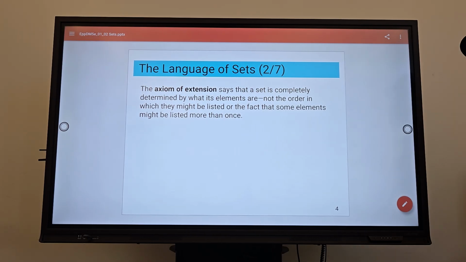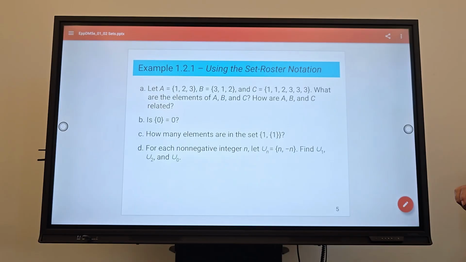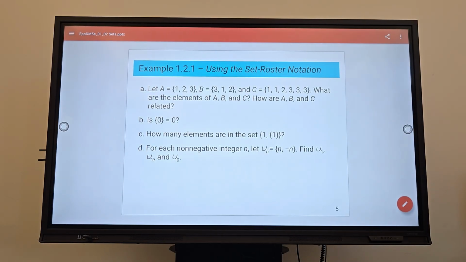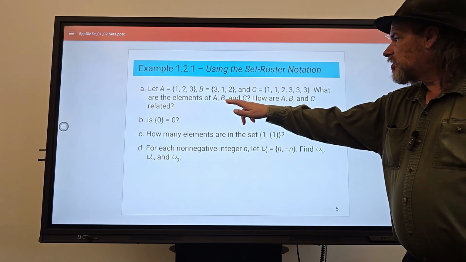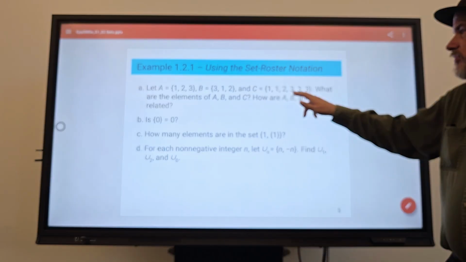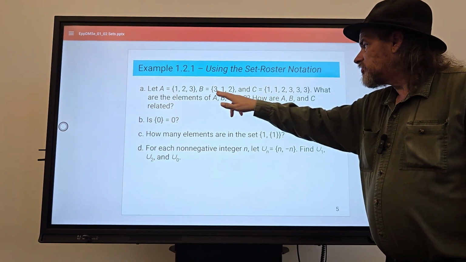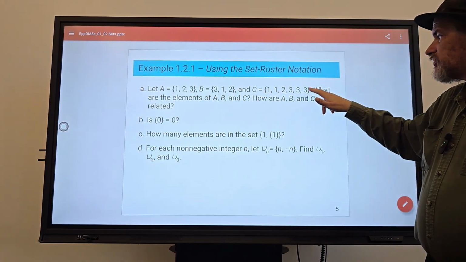With sets, duplication doesn't matter, order doesn't matter. So A, B, and C here, the sets, you have 1, 2, and 3, just different order, and sometimes repeated.